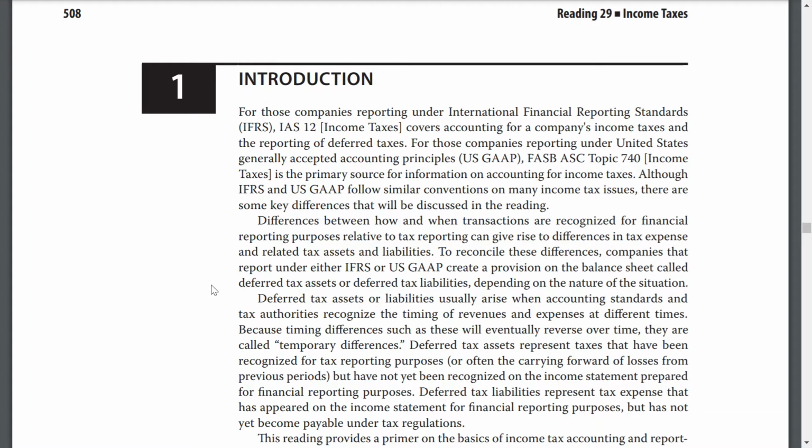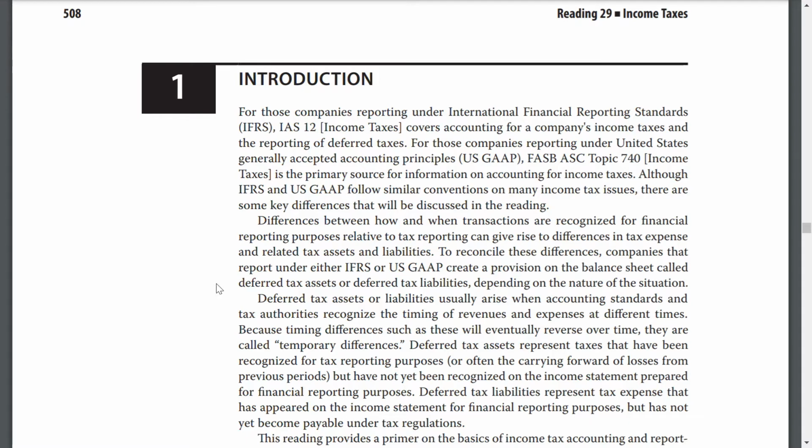For those companies reporting under United States generally accepted accounting principles, US GAAP, FASB ASC Topic 740, Income Taxes, is a primary source of the information for accounting for income taxes. Although IFRS and US GAAP follow similar conventions on many income tax issues, there are some key differences that will be discussed in this reading.